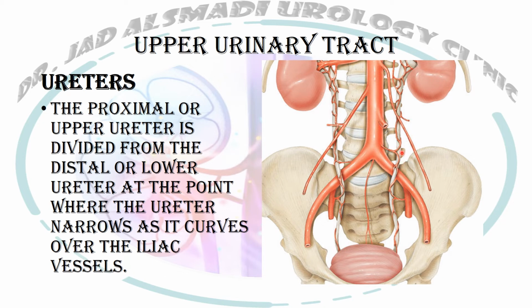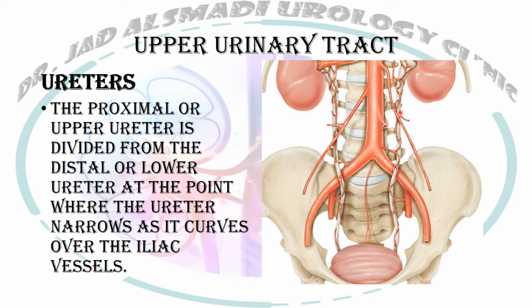That's why the upper segment is from the kidney to the crossing of the vessels, and the lower segment is from the crossing of the vessels reaching the urinary bladder. A more common classification is to divide the ureter into upper, middle, and lower, depending on bony prominences.